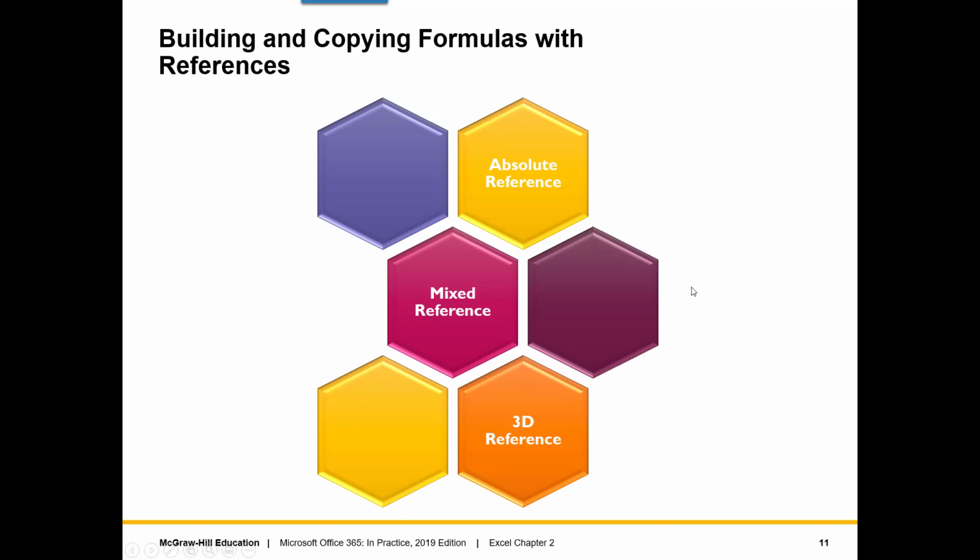The next concept that you need to understand in this chapter is the method in which Excel places a formula. If you just enter a formula, then that formula uses what's known as relative addressing. And so when we actually pull it up, I'll show you what that means.